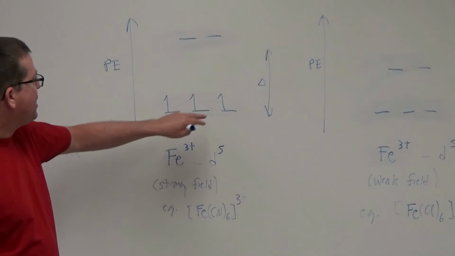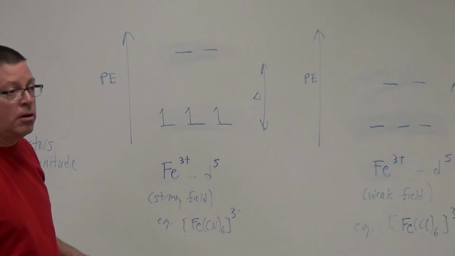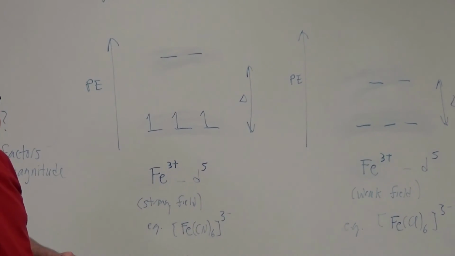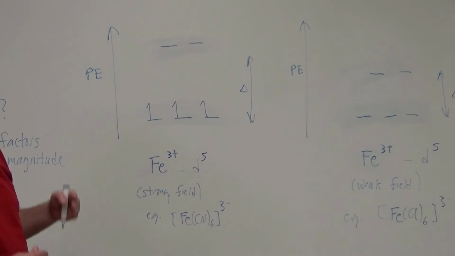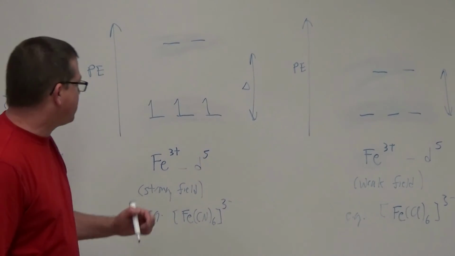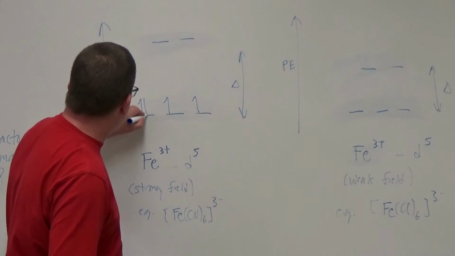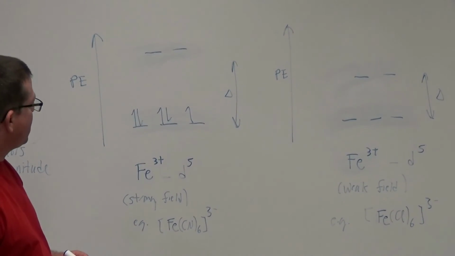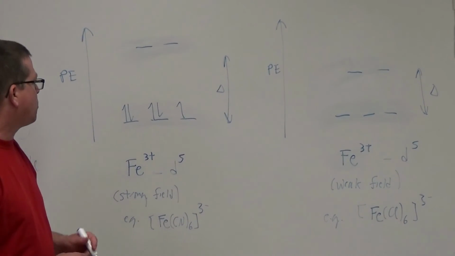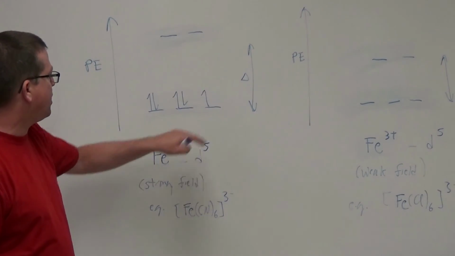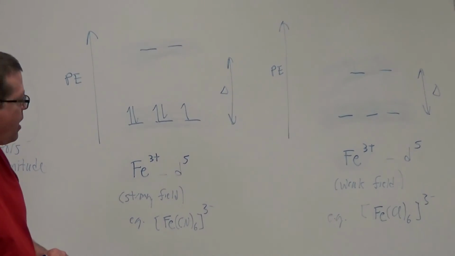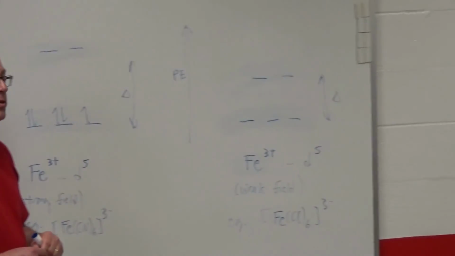Because the delta is large here, we're energetically better off to actually pair the electrons up in the lower energy orbitals as opposed to distributing them. So the last two electrons will now go in paired in the lower energy orbitals like this. So this leaves us with a situation where we have 4 paired electrons and 1 unpaired electron, all in the lower energy orbitals.